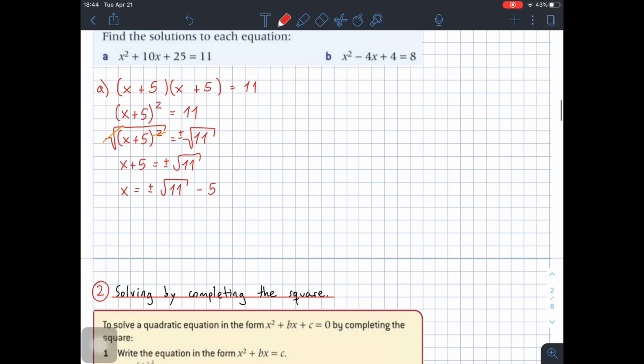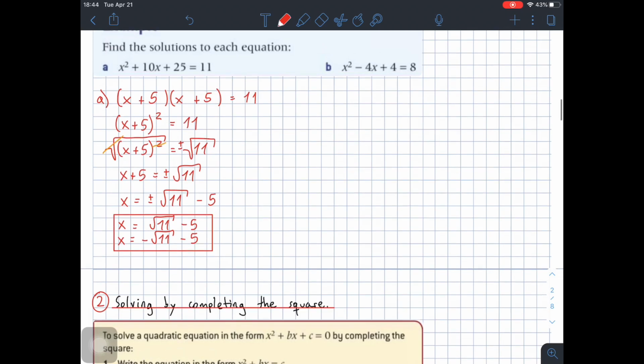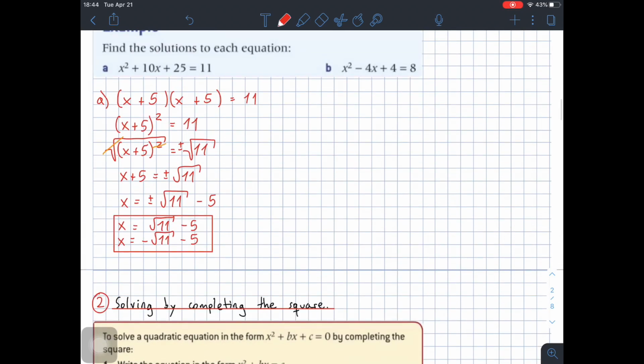So one answer would be positive root 11 minus 5, and the second answer would be negative root 11 minus 5. These are my two solutions in this case. Okay, so I hope that's clear. Then let's see exercise B.